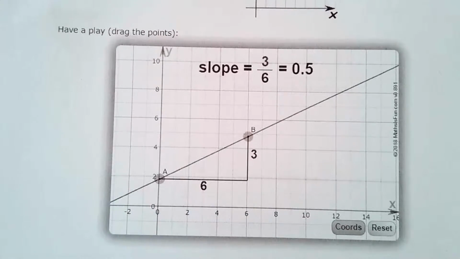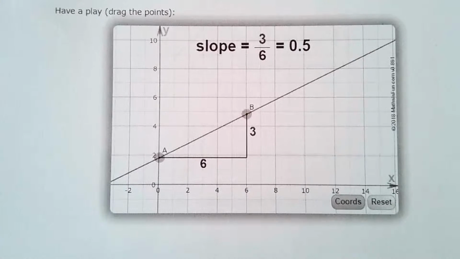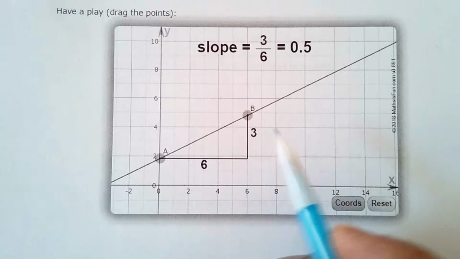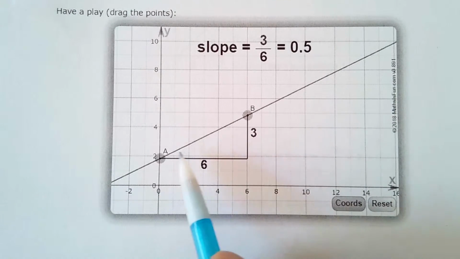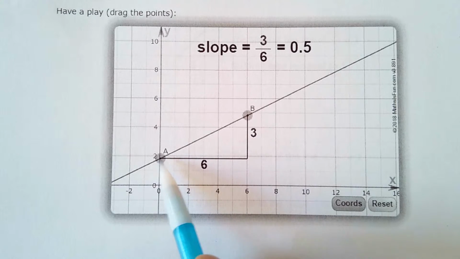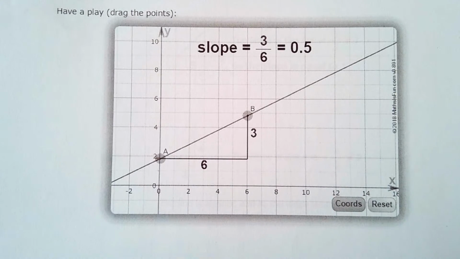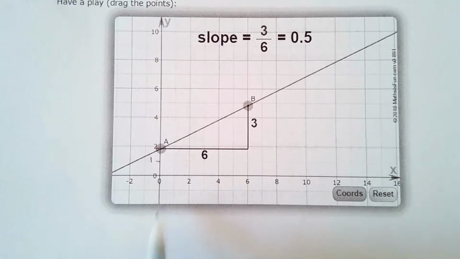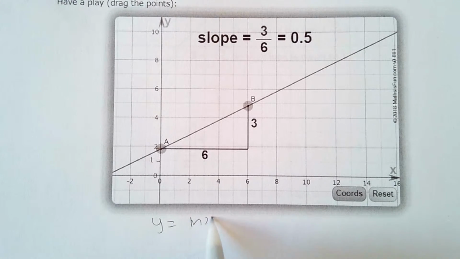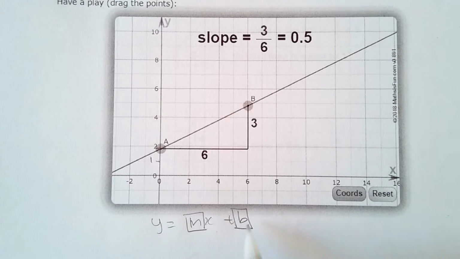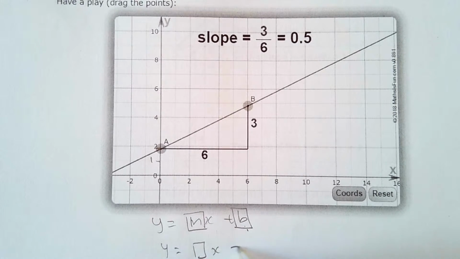Here's another example. Now this y-intercept is off a little bit. It's probably around 1.9. This here is 1. So we can say y is equal to mx plus b. Sometimes I'll put a box around the two things I need: my y-intercept and my slope.